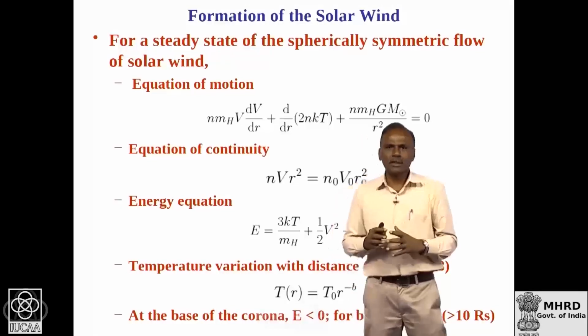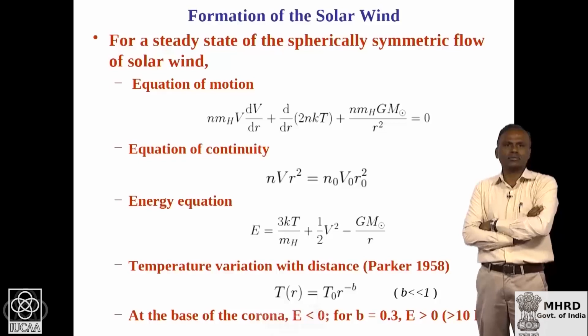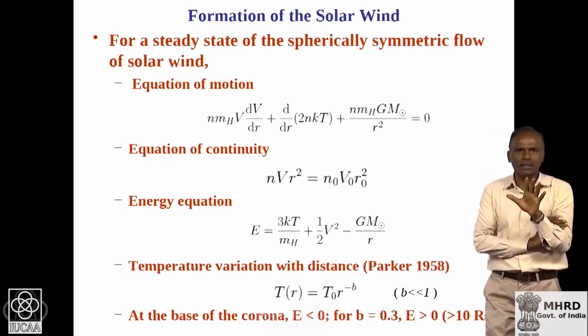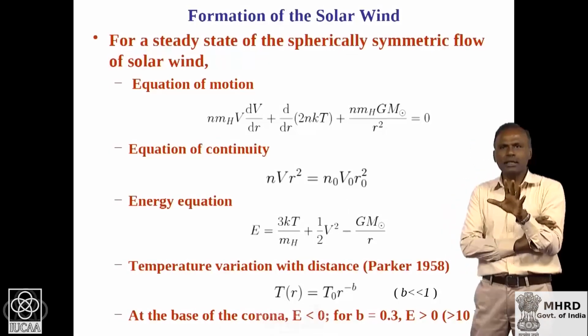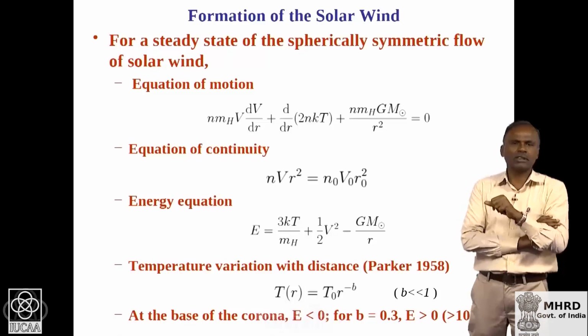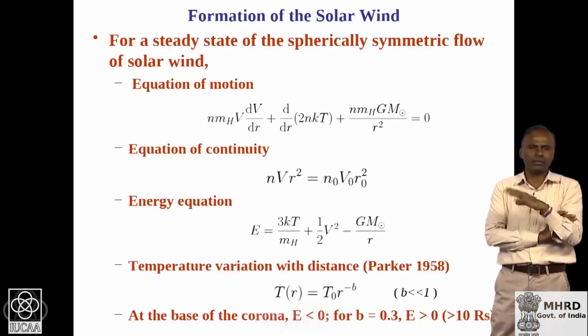Okay. The formation of the solar wind is governed by 3 equations actually, for a steady state of spherically symmetric solar wind: equation of motion, equation of continuity, and energy equation.